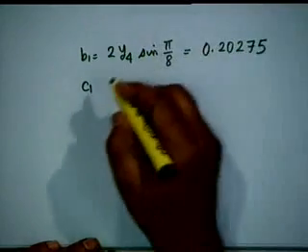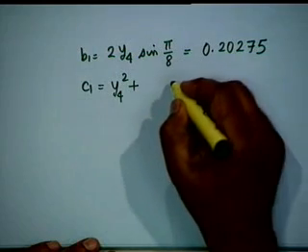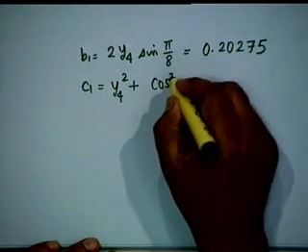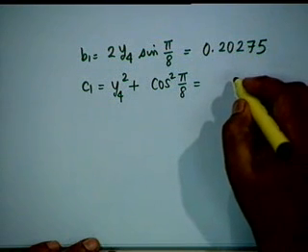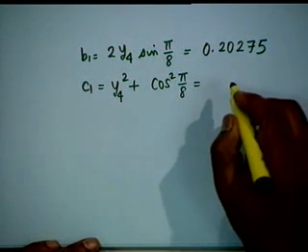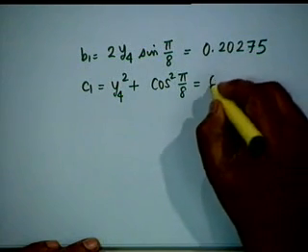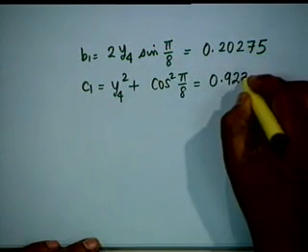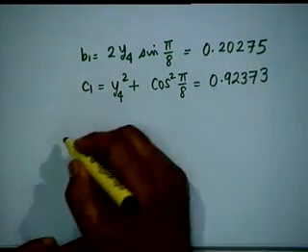C1 is equal to y4 squared plus cosine squared pi by 8, and that calculates as, it is no longer possible to keep them as fractions, unfortunately. It comes out as 0.92373, at least going up to 5 places of decimals.